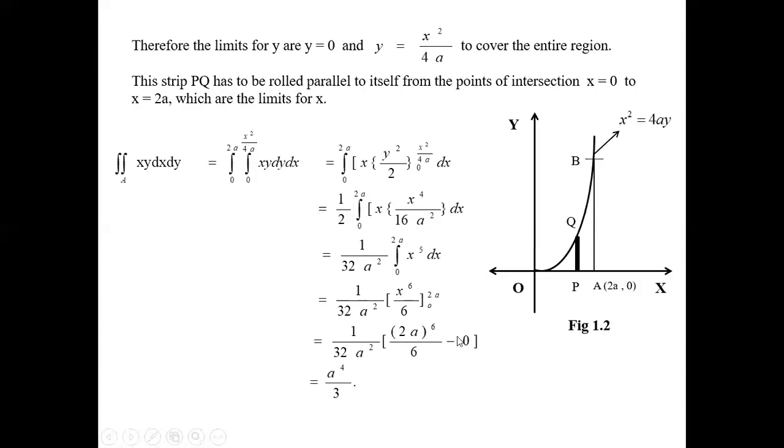Then when you go on simplifying, this becomes 2 to the power 6 and this is a to the power 6. Then when you simplify again, this is equal to a to the power 4 upon 3. So a to the power 4 upon 3 is the solution for this double integral, the evaluation of the double integral xy dx dy when the limits were not provided.